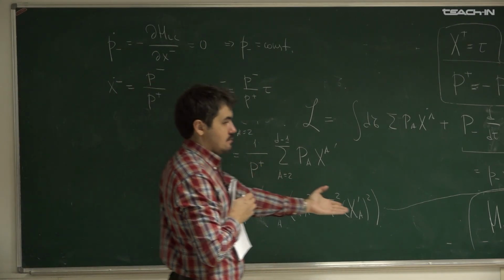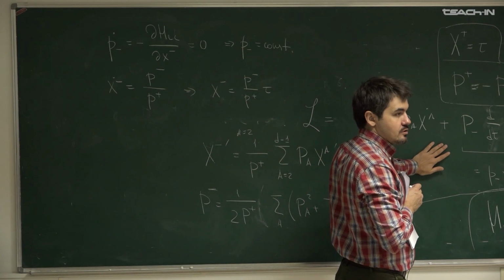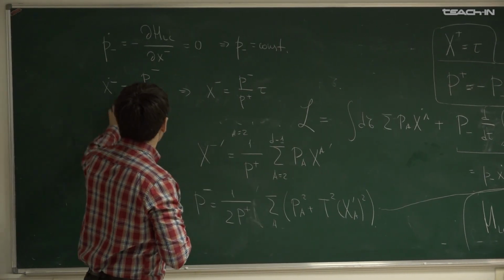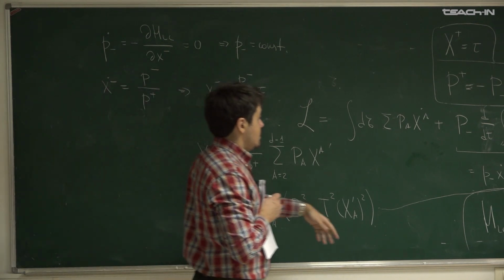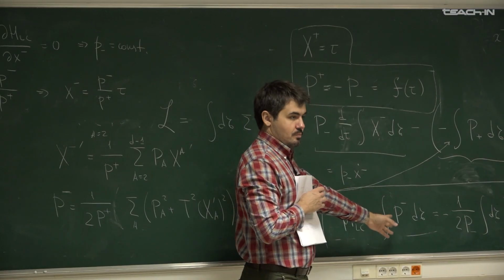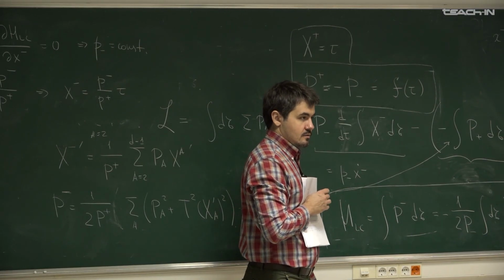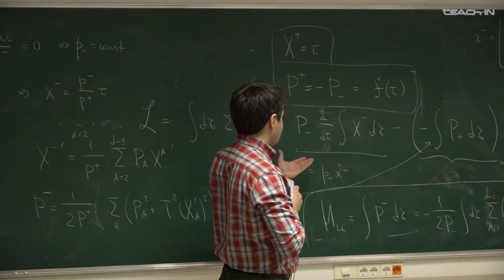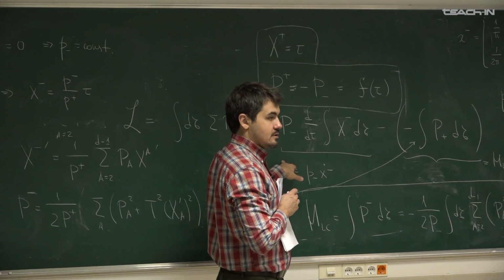So this I just derived from the Hamiltonian, or from the Lagrangian, if you wish. I just vary with respect to x minus, this gives p minus dot, and there's no dependence on x minus anywhere else. The idea is that you should think about this as kind of infinite dimensional mechanics.